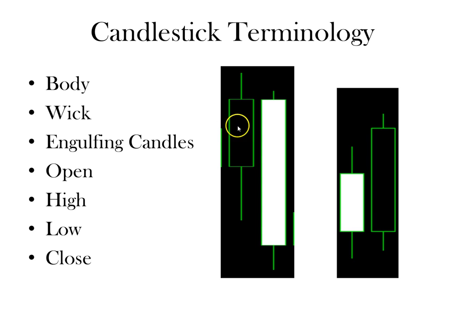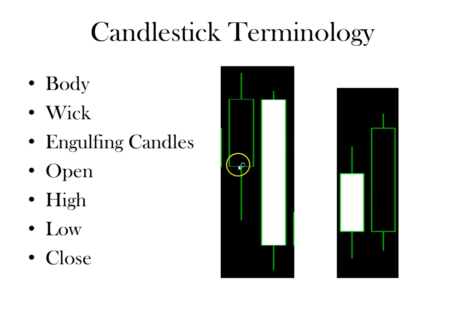But for the purpose of this video, I'm going to let you know that this is a bullish candle and this is a bearish candle. So on a bullish candle, the open is always the bottom of the bullish candle. And how do you see the open, the high, the lows, and the close?